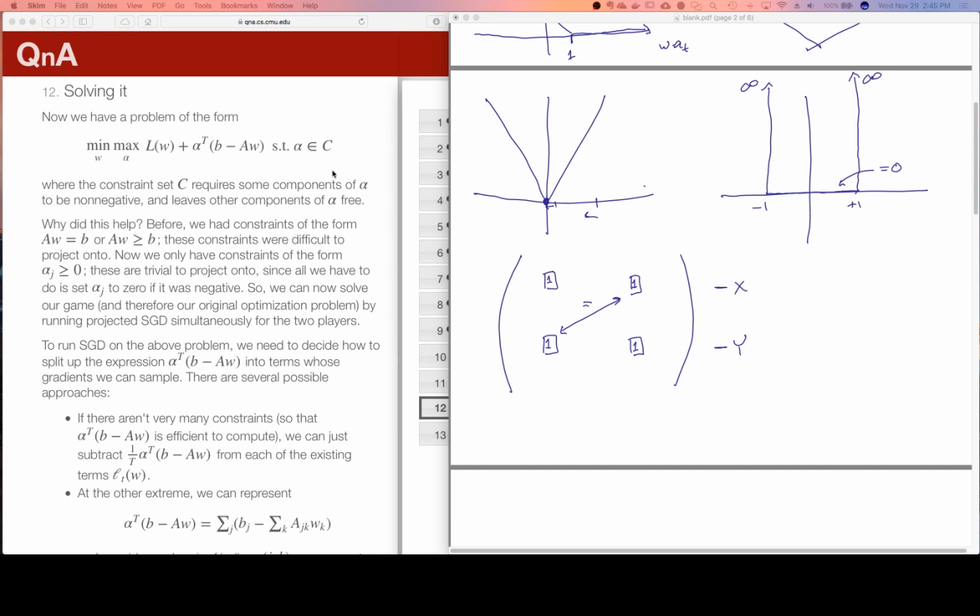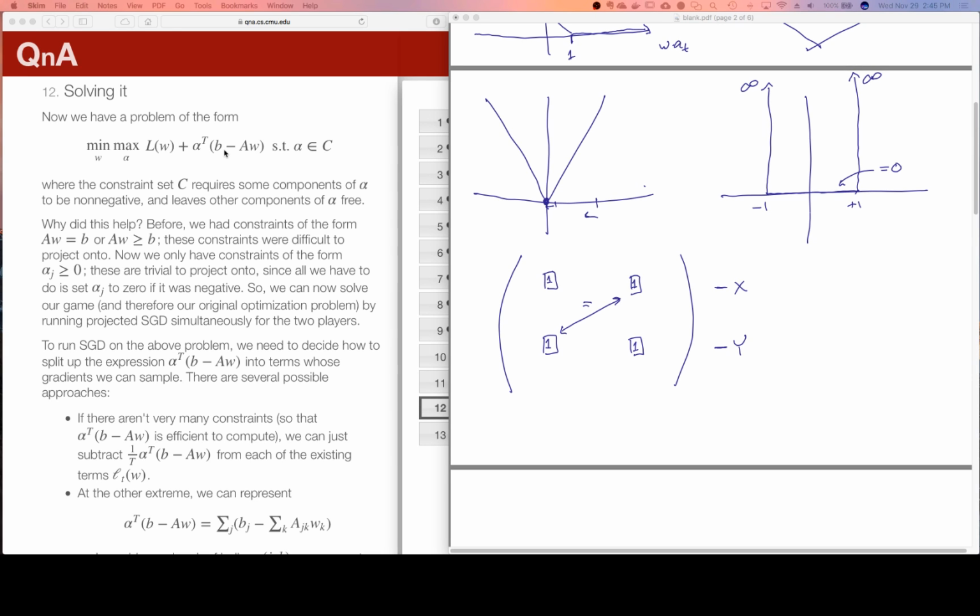You just set alpha j to 0 if it was negative and leave it alone if it was positive. So you run stochastic gradient descent on that, and it just works. You wind up solving this game, which is equivalent to solving the original constrained optimization problem.